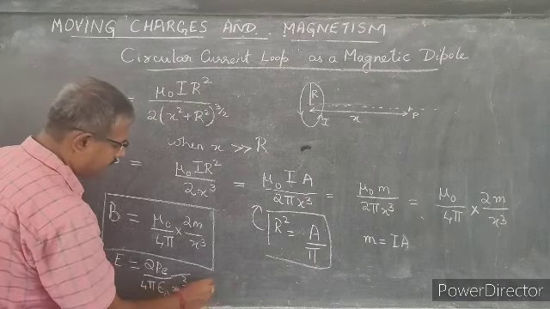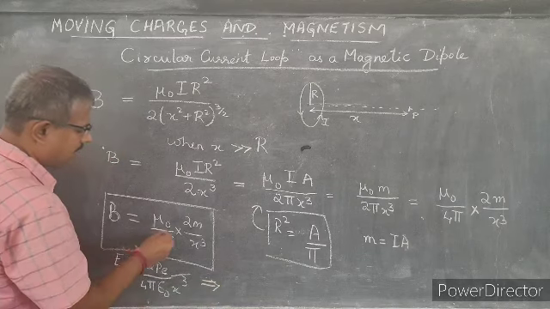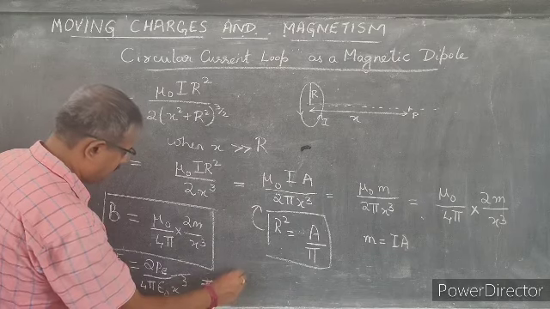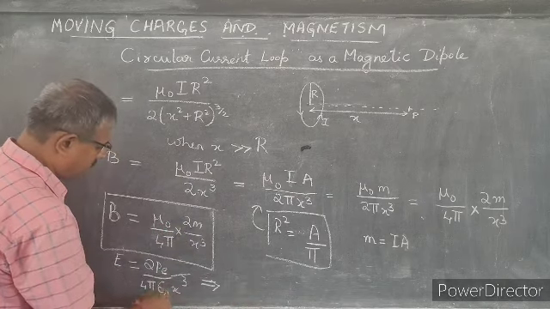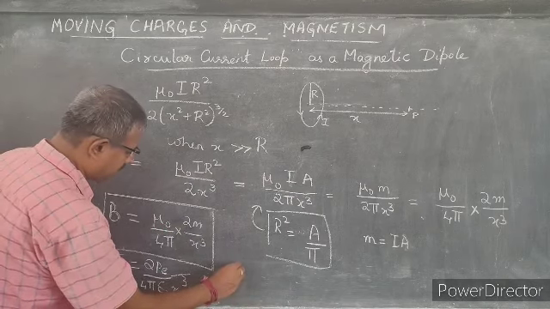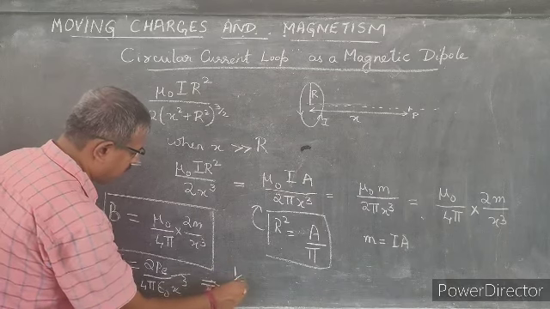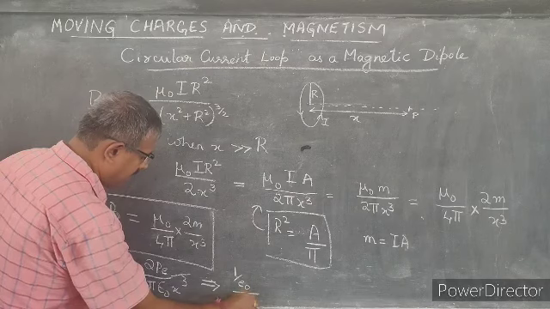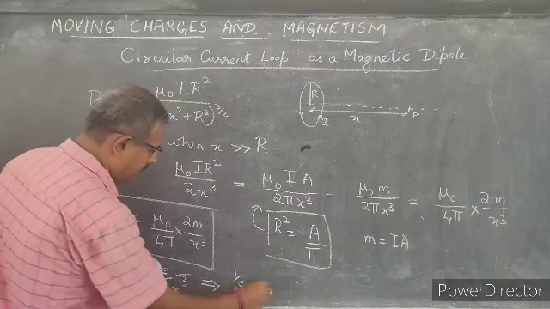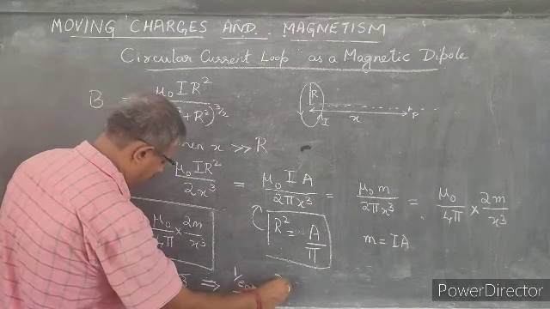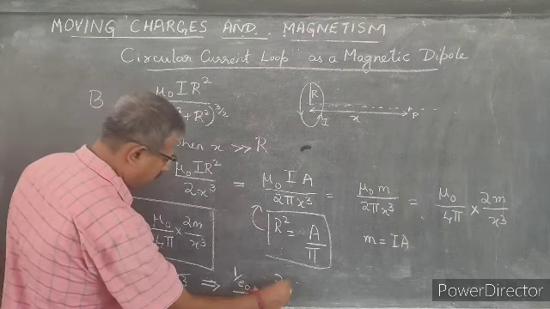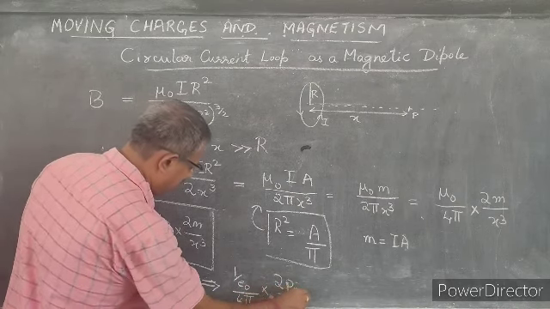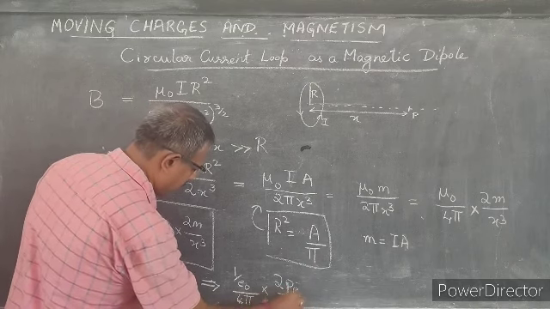If I rewrite this such that it resembles this, instead of mu naught, it is 1 by epsilon naught. Mu naught can be written as 1 by epsilon naught by 4 pi as it is, into 2 p_E by x cube.